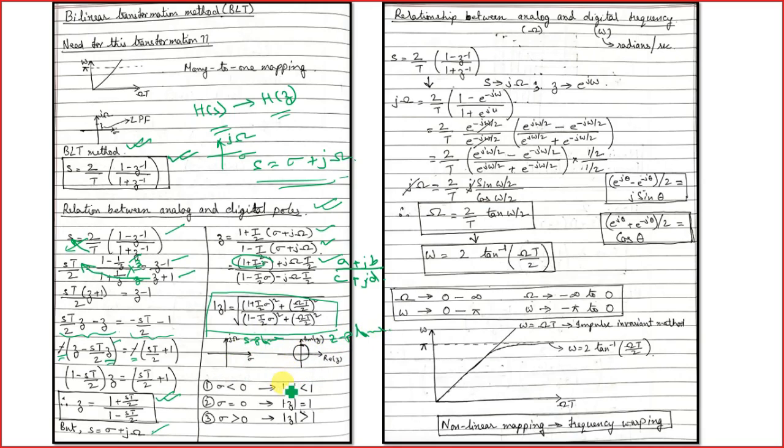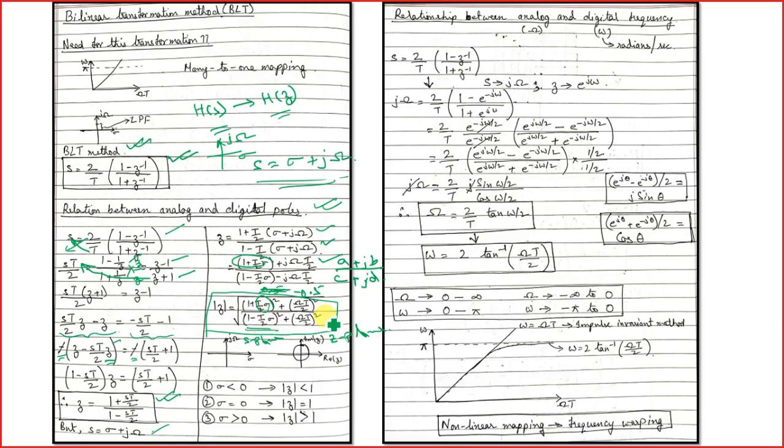Now if you look over here, what we get for sigma less than 0, your modulus of z is less than 1. So when sigma is less than 0, say minus 0.5 for example, it would become 1 minus 0.5 in the numerator and 1 plus 0.5 in the denominator, right?